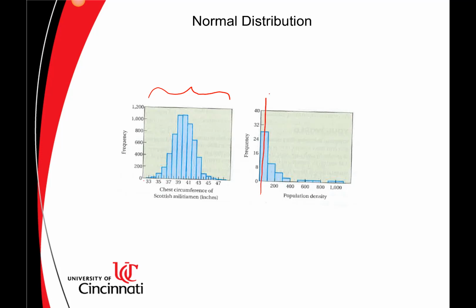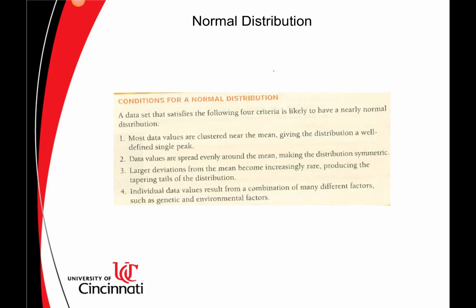Wouldn't the mode be over here? The mean is going to get dragged over this way some, because it's going to be pulled over due to the high densities. And where's the median going to be? Where it always is, in the middle. So that gives you that.